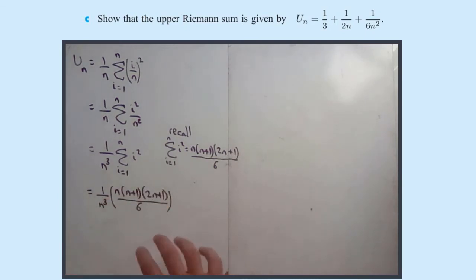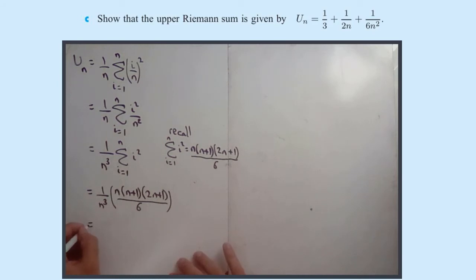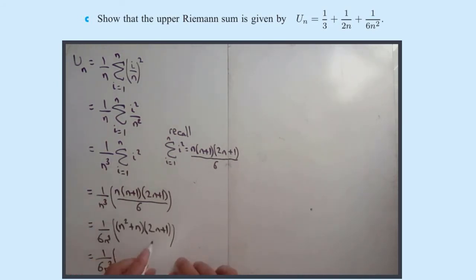So in the same way as before, I'm going to pull the over 6 out. So that's going to equal 1 over 6n cubed times 2n cubed plus, well, you've got n squared plus 2n squared, so that's plus 3n squared, plus n times 1 is n, plus n.